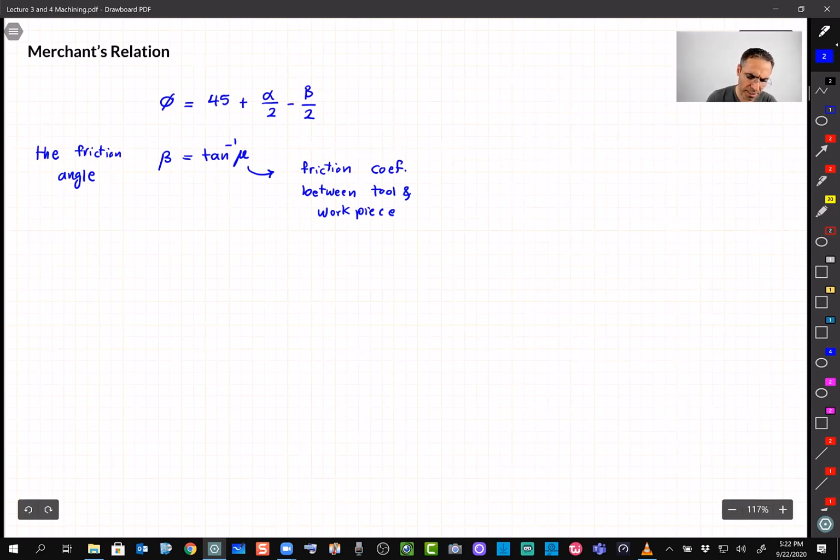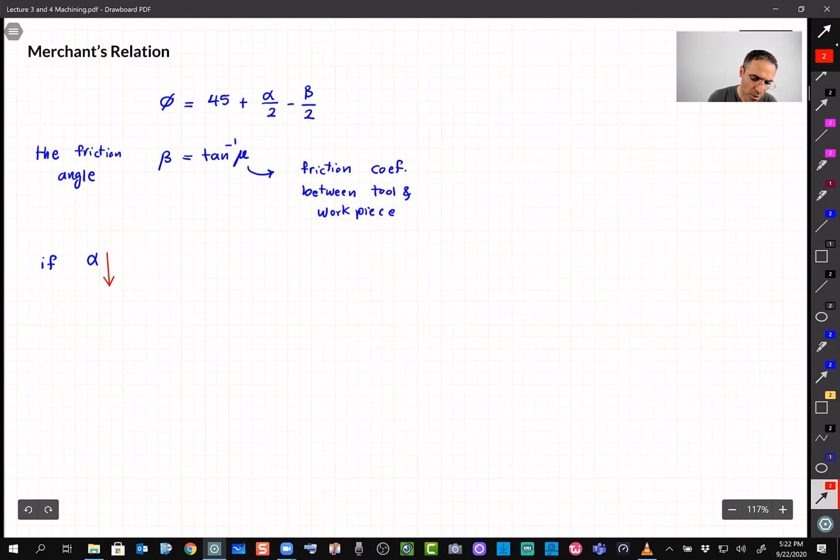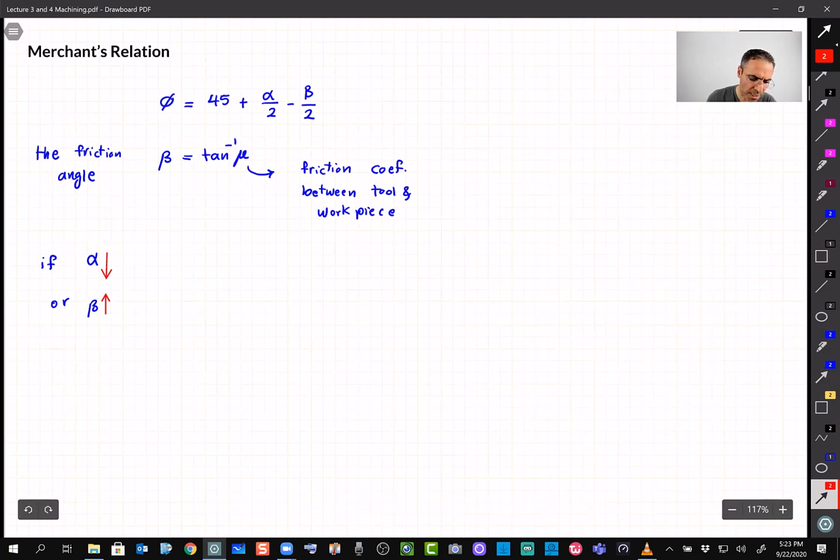So let's look at this equation. We can say that if alpha decreases, becomes smaller, or beta increases, meaning the friction increases, more friction, then we are going to end up with a smaller phi, a smaller shear angle.